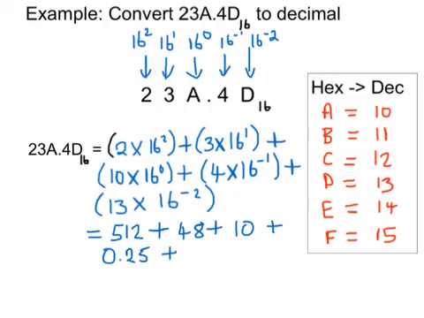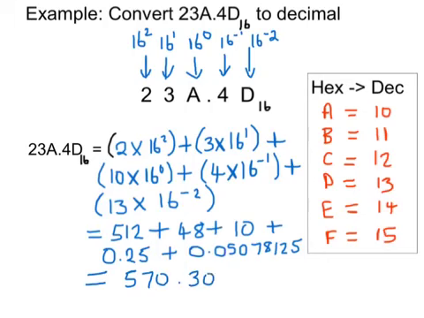Then multiply it by 13 and the answer will turn out to be 0.05078125. Now adding all of these together, what I get is 570.3007813. So my conversion is that 23A.4D base 16 is equal to the decimal number 570.3007813.